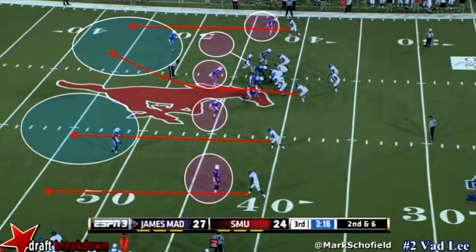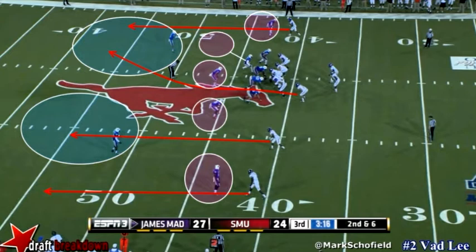Now before we run through the play, I want to take a moment to illustrate and talk about how teams coach the four verticals concept. Teams can coach the progression reads for the quarterback in different ways. Some teams might have the quarterback only look to one side of the field based on the coverage he sees. If it's cover 2, you might look first at that outside receiver and then try to hit that inside vertical route.